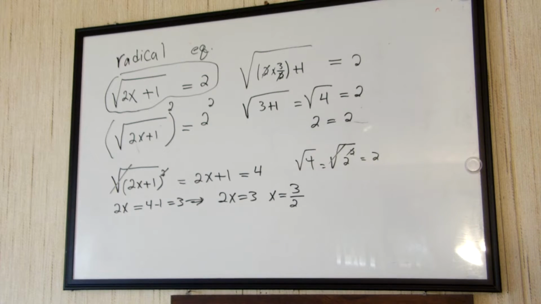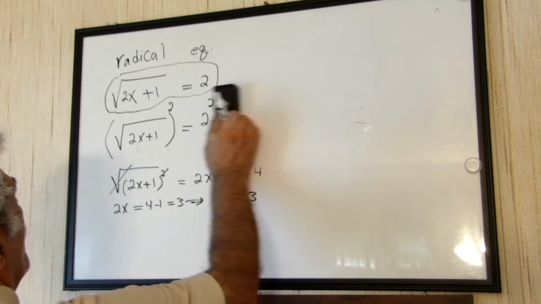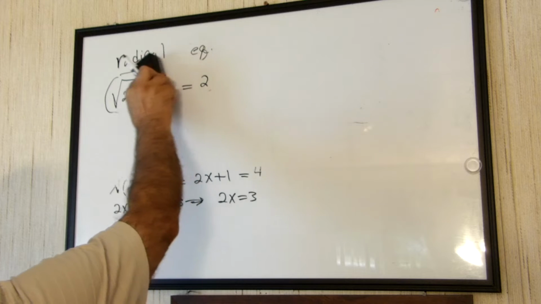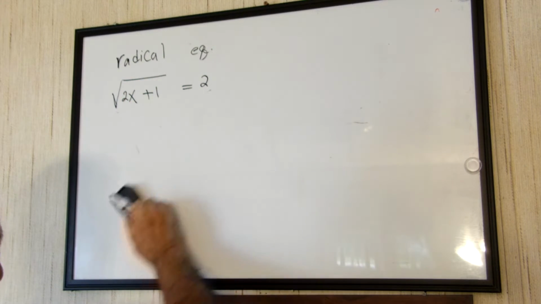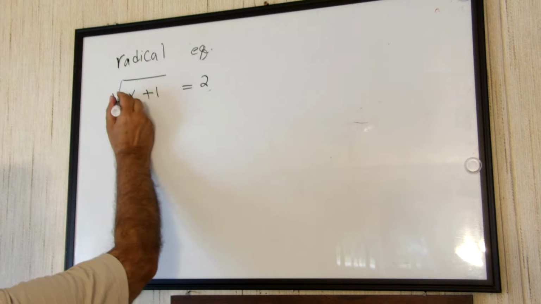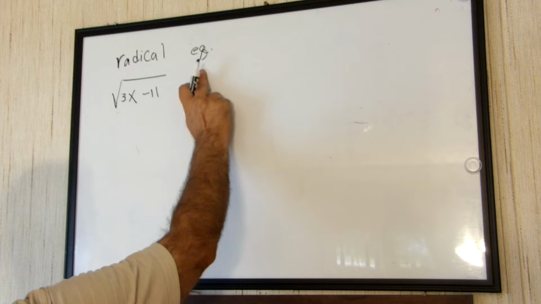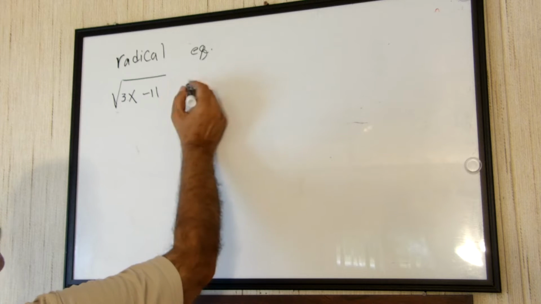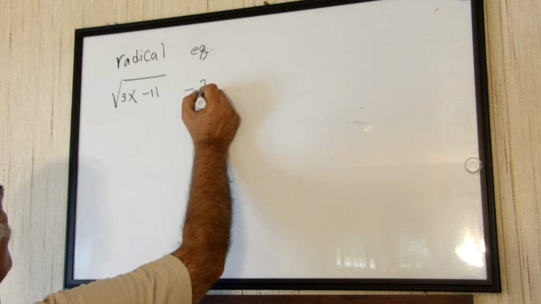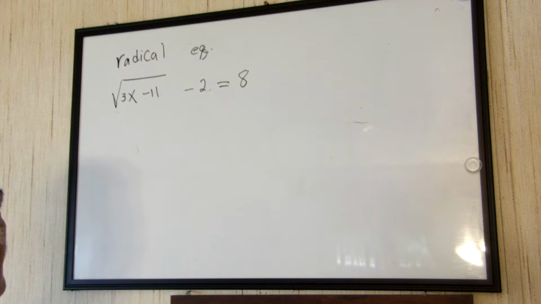Let's solve another one. It's like the square root of 3x minus 1, minus 2, is equal to 8.